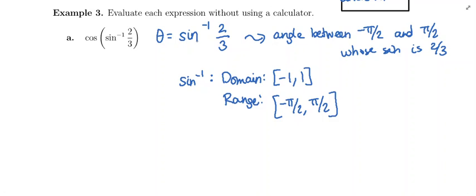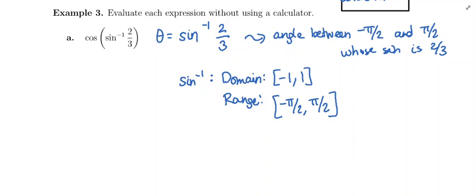Let me just recap what's going on. We know that sine inverse of 2/3 is going to be some angle between -π/2 and +π/2 that has a sine value of 2/3. We don't see one that we can read off. We can't read the angle off of the unit circle.